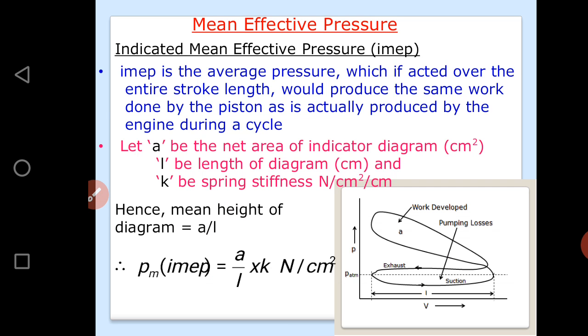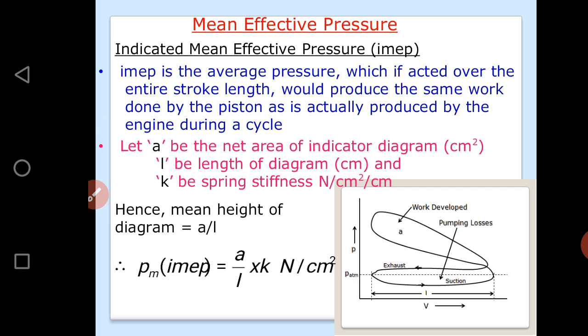So what we did was use the mean pressure, or average pressure. As the length of the indicator diagram is equal to the swept volume, we used the mean effective pressure and with its help found the area.